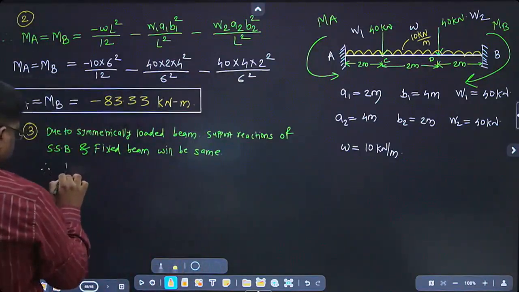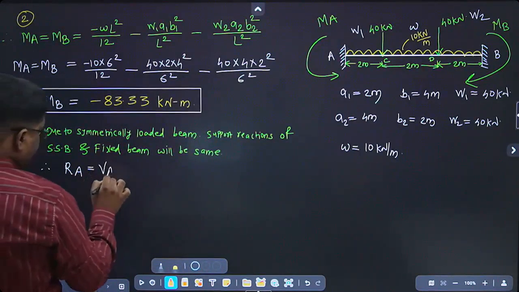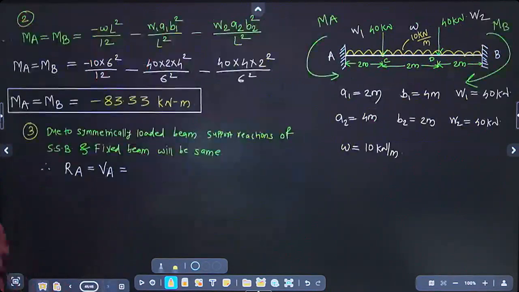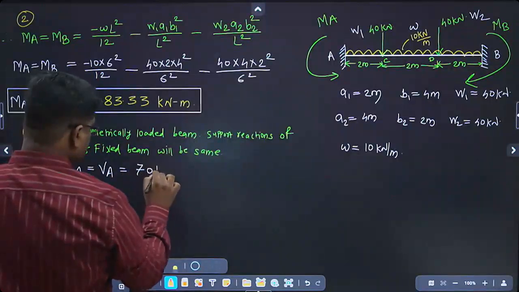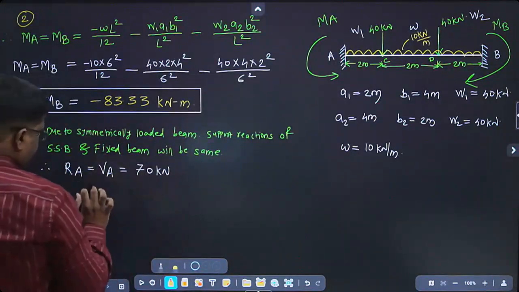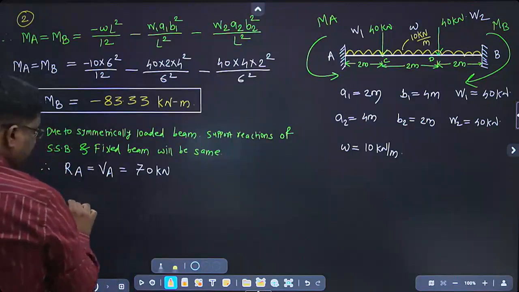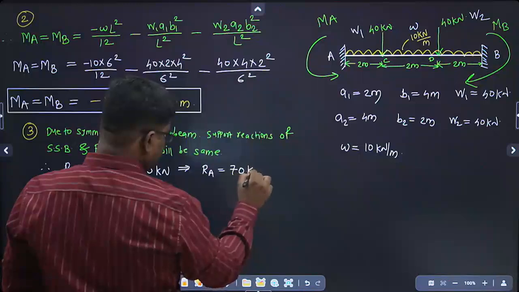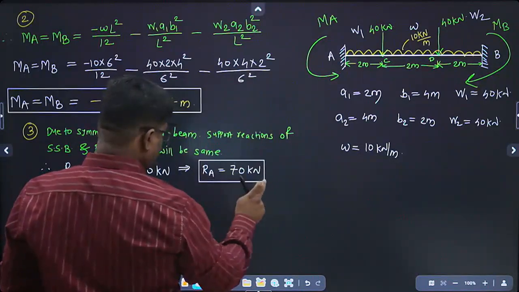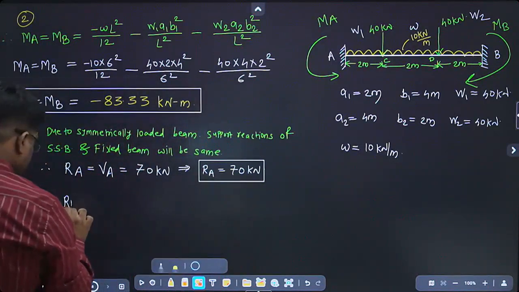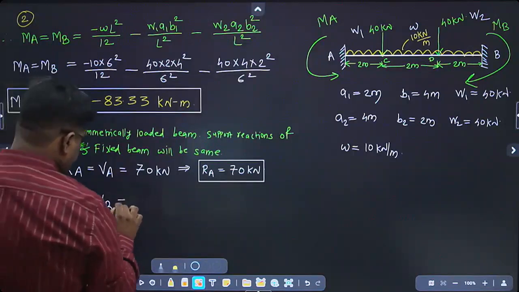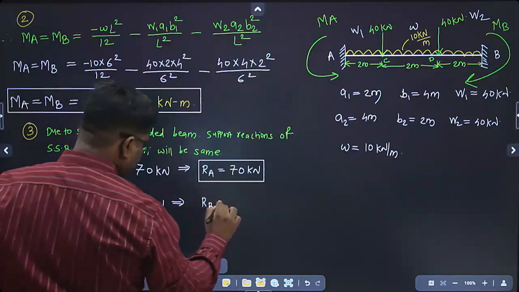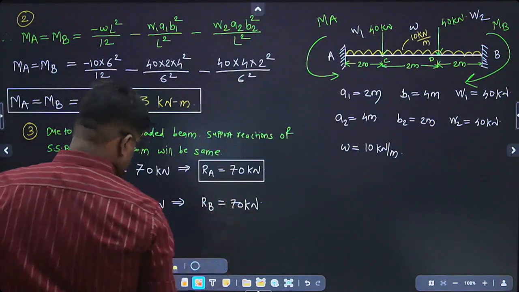Therefore, RA is equal to VA is equal to, what is the VA? That is 70 kilonewton, means RA is 70 kilonewton. Similarly, RB is equal to VB is equal to again 70 kilonewton, and RB is the same, 70 kilonewton.